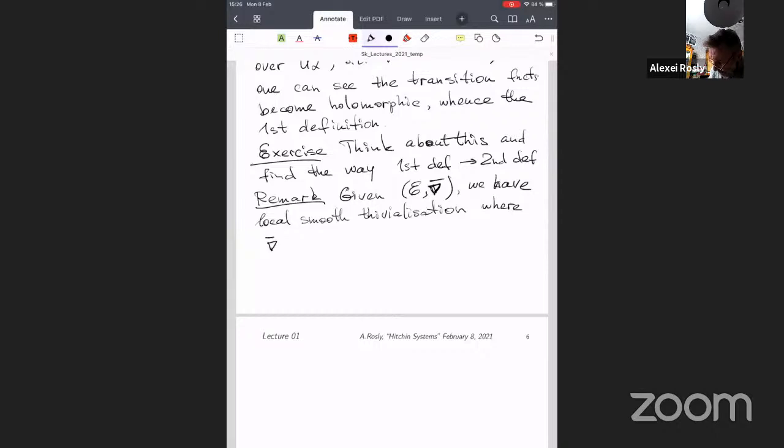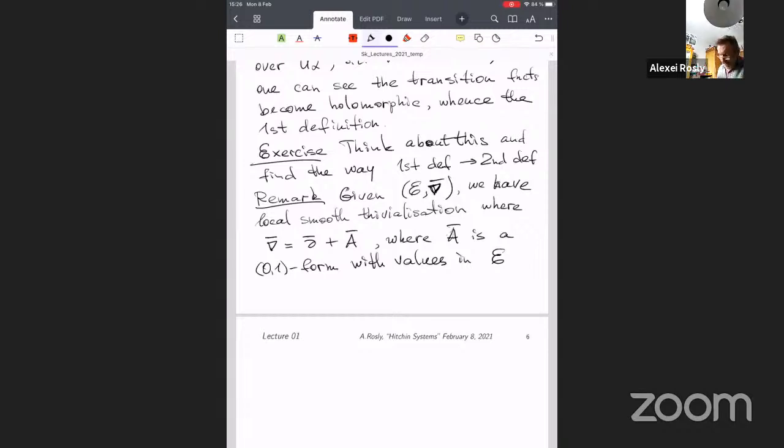So in local trivialization, as for an ordinary connection also, we write it in this way, where A bar is a 0-1 form with coefficients, if you want.